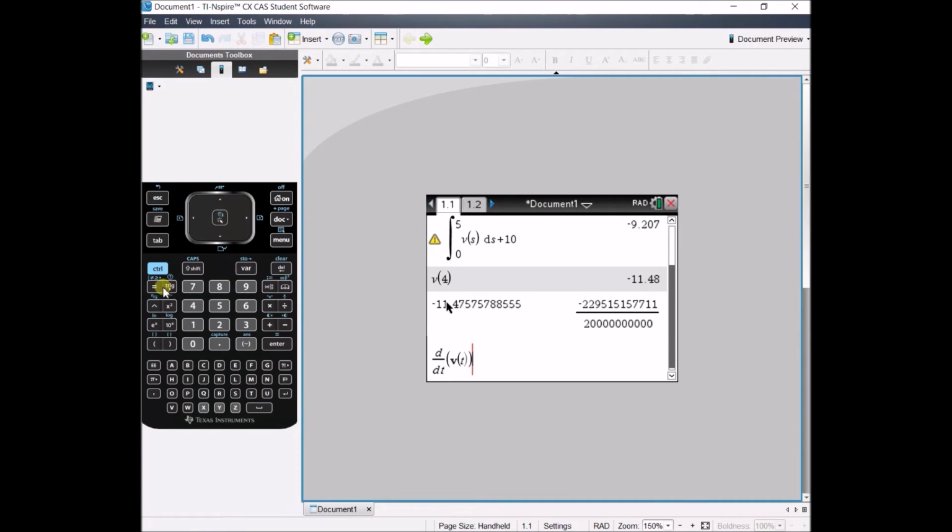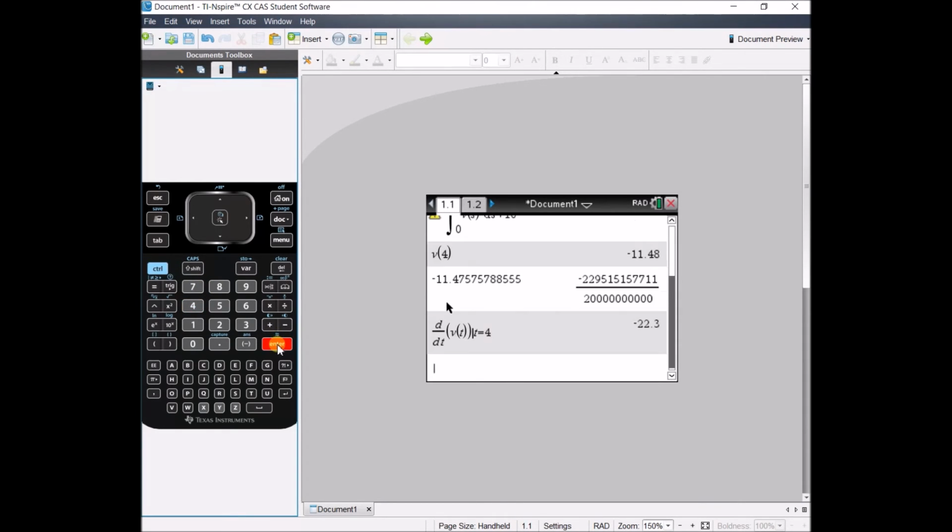So for that, we will use Control equals sign, go over to this bar, and then t equals 4. That tells it we want to find the derivative at the point t equals 4. Control Enter, and okay, negative 22.3.